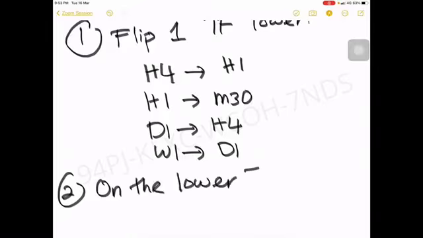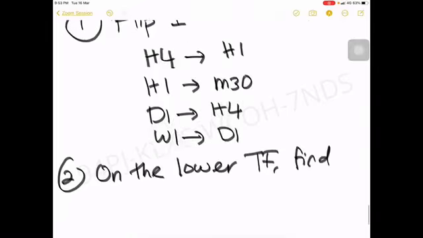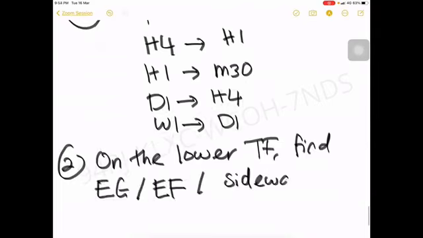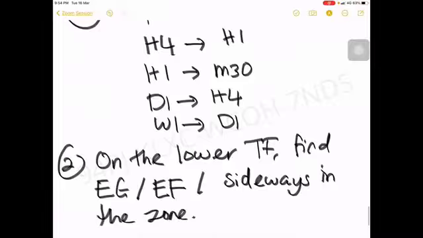And then what are you looking for? Find the engulfing in the zone.